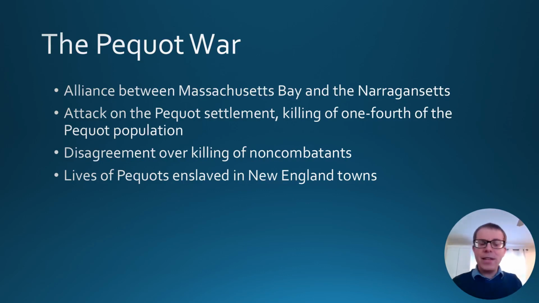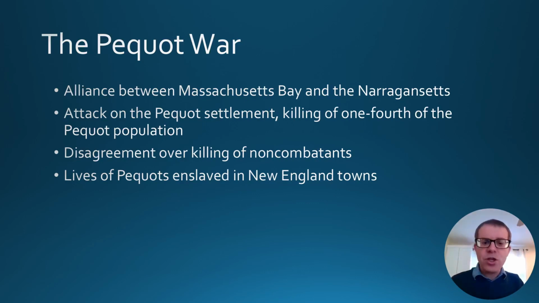And so the Narragansett focus is on killing Pequot leaders. And they want to eliminate the Pequot leaders, and then take over the Pequots as a tributary relationship. Incorporate Pequot civilians into small towns to grow Narragansett power.